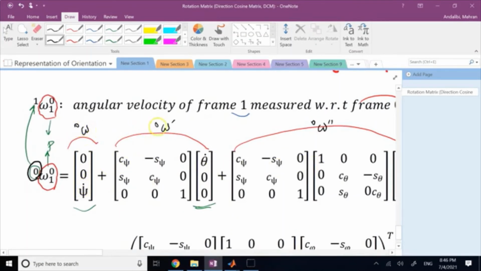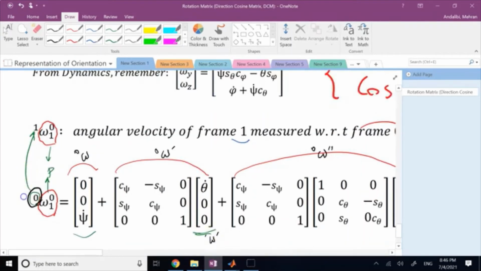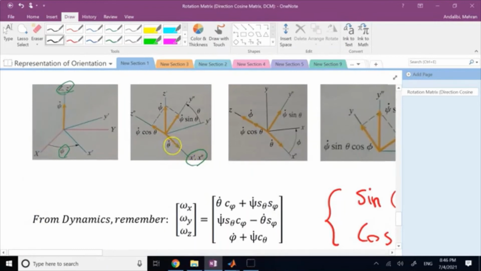You can only add together things that are all described in frame 0 and get the result in frame 0. This guy here is not omega prime in frame 0. This is omega prime in the prime frame. This omega, which is theta dot about the x-axis, is measured with respect to x prime, not capital X or capital Y or capital Z.